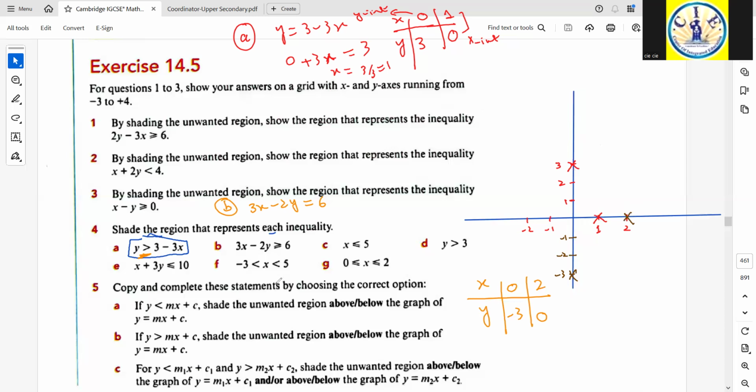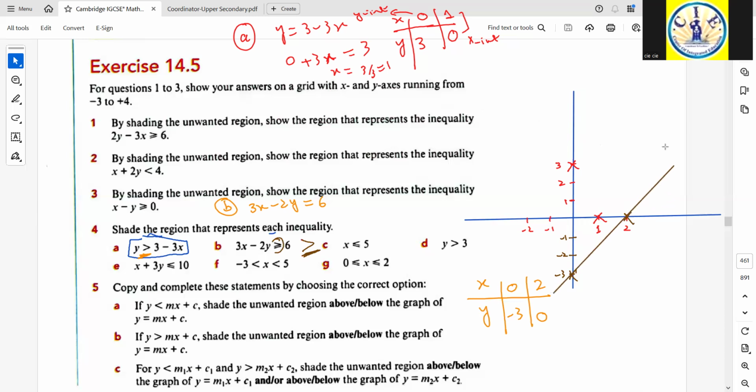And then I need to draw the graph. Now, since the inequality is a closed inequality containing the equal to sign as well, like this one, the line has to be a solid line. That means it would be this line.